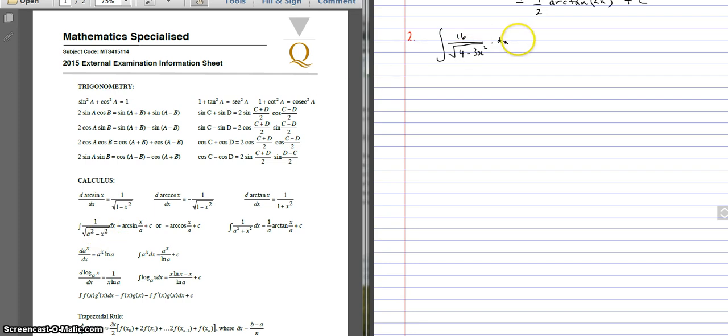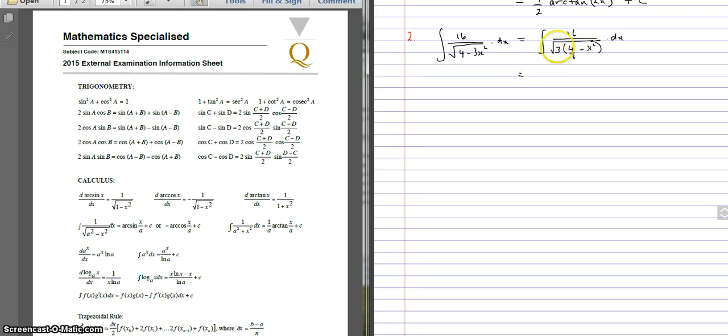So we need to take out that common factor. If we take out 3, we'll end up with 4 thirds minus x squared. And obviously we need to take out the square root of 3.